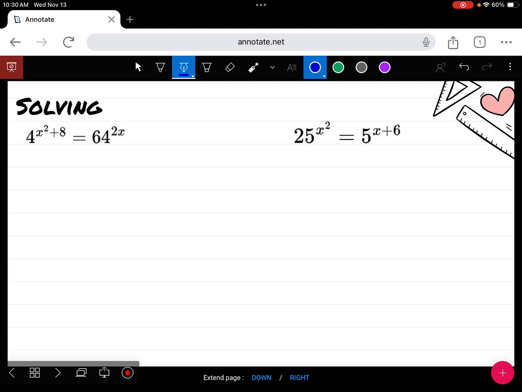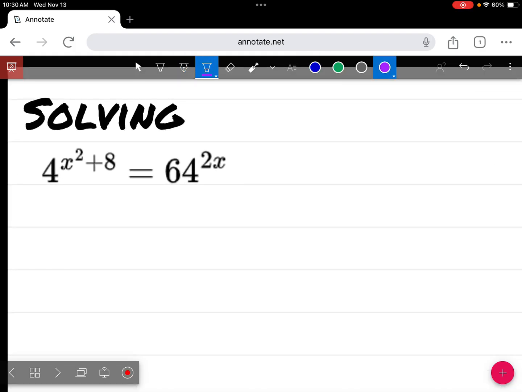So, same goal, same base. How could I write this with the same base? 64 is the same thing as 4 cubed. So I can write this as 4 cubed to the power of 2x, and the left side staying the same, 4 to the x squared plus 8.